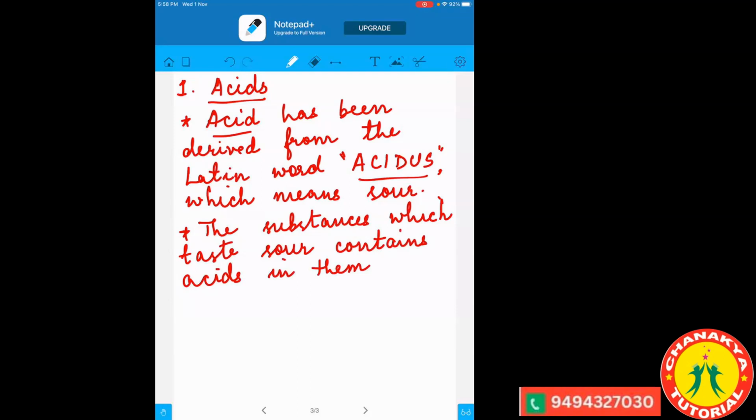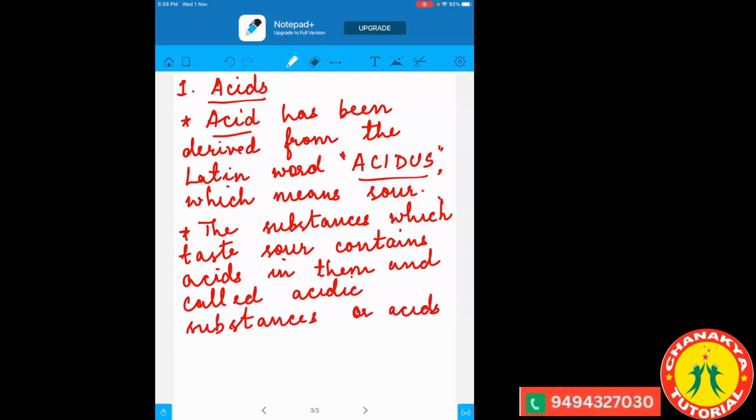Same way, curd has an acid called lactic acid. I'll write it separately. The substances which taste sour and contain acid in them are called acidic substances, or acids.